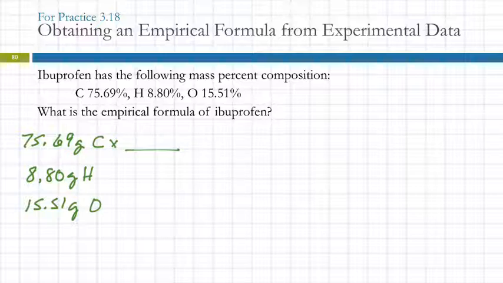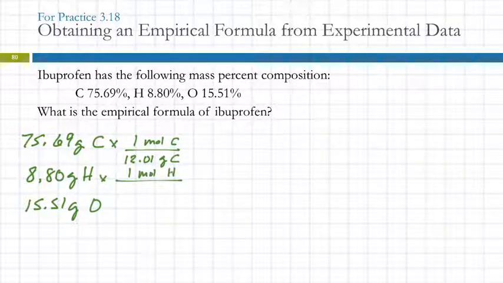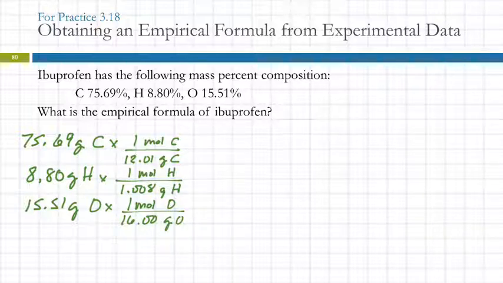So same process, convert to moles. Okay, these are the same 3 elements, and so all of that is exactly the same as the previous one. So 75.69 divided by 12.01. 6.300.